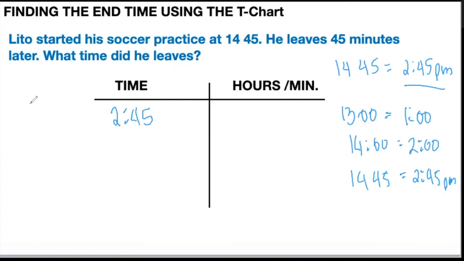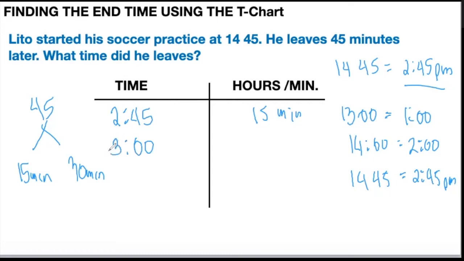And then we can also separate the 45 minutes into two parts. The first is 15 minutes, and the other one is 30 minutes. So again, by adding the 15 minutes first, so that we can complete the 60 minutes, which is equivalent to 1 hour, that will give us 0 minutes here, but we add 1 to the 2 hours.